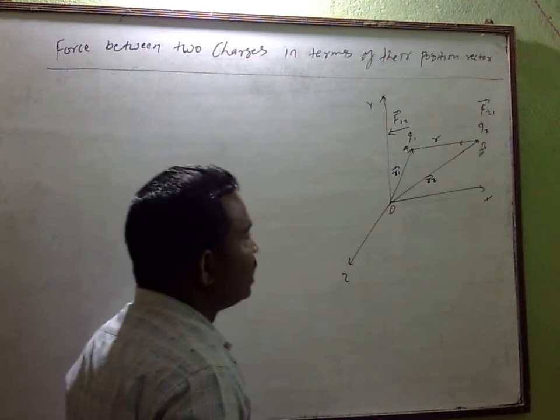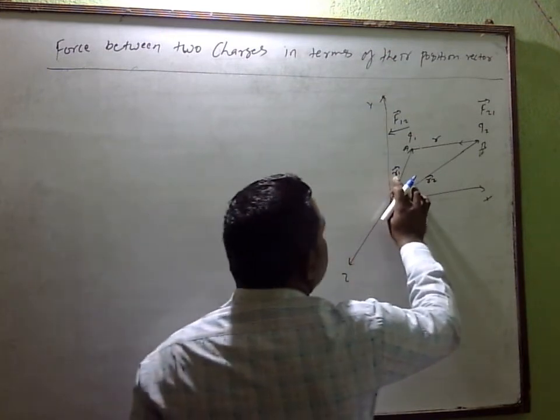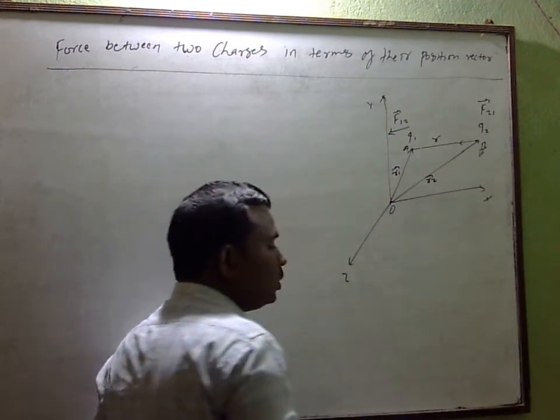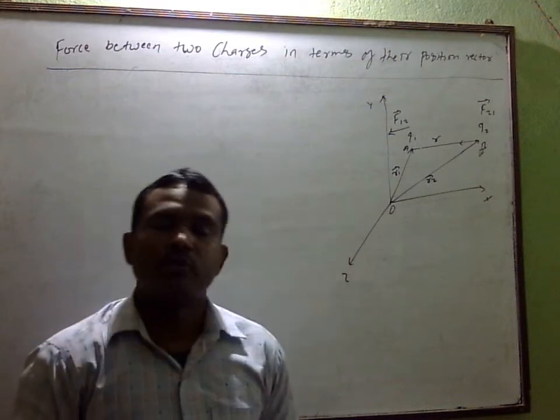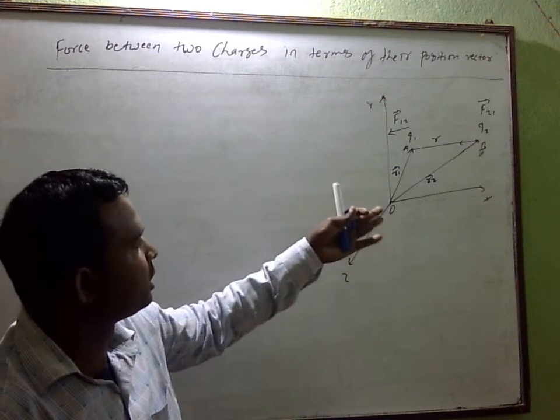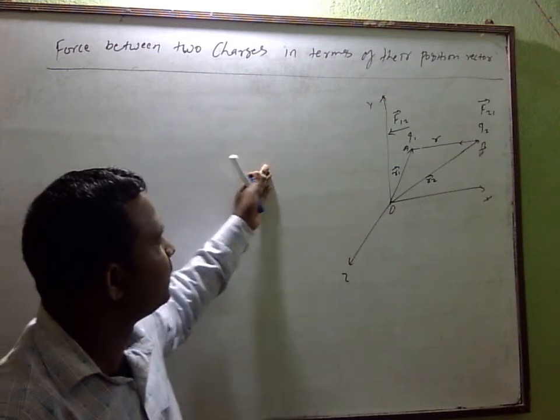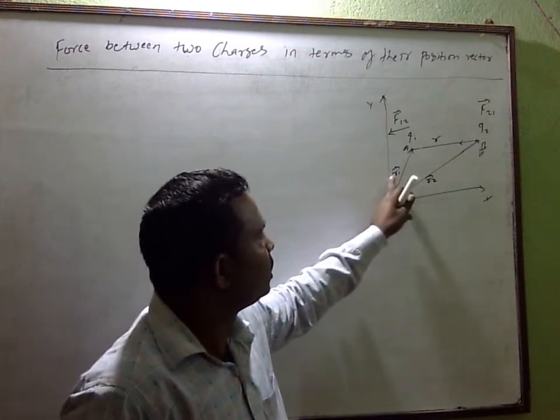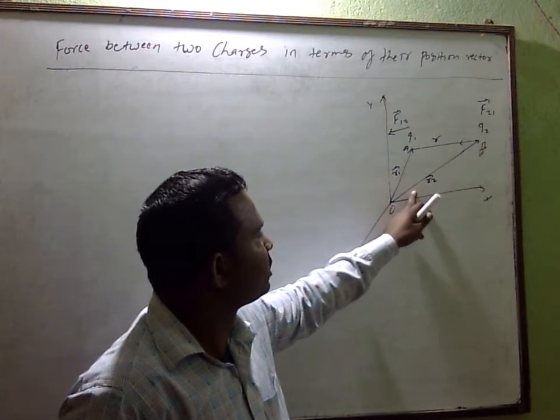Here vector r1 and r2 are the position vectors. What are vector r1 and r2? Position vectors, I will write it here: r1 and r2 represent position vectors.